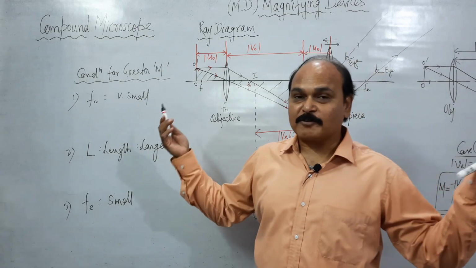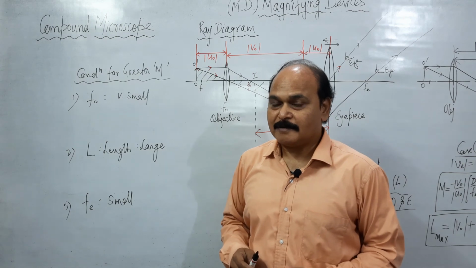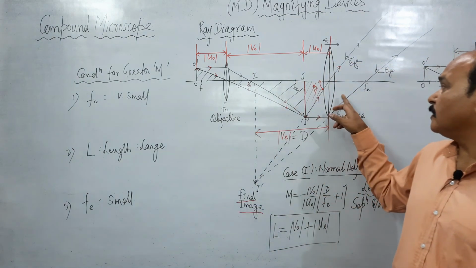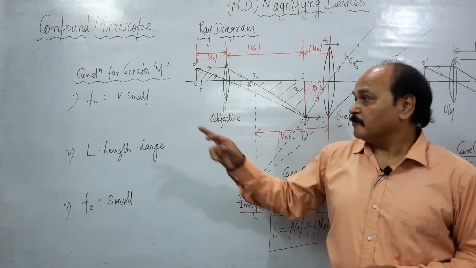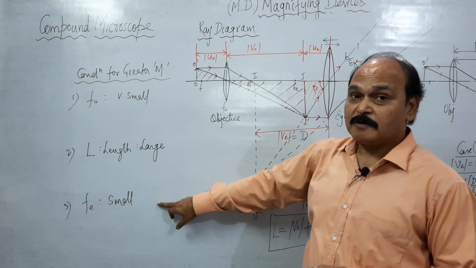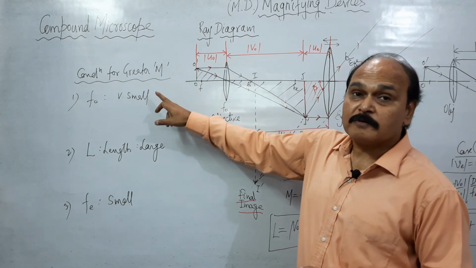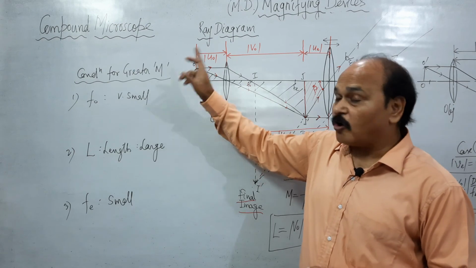Greater the length of the microscope, greater is going to be its magnification. And the third condition is the focal length of the eyepiece should also be small. See, the focal length of the objective should be small, and that of the eyepiece should also be small, but the smaller of the two has to be that of the objective.